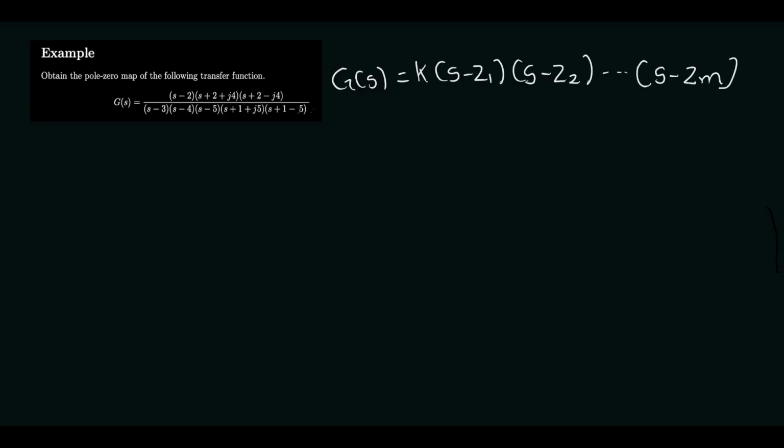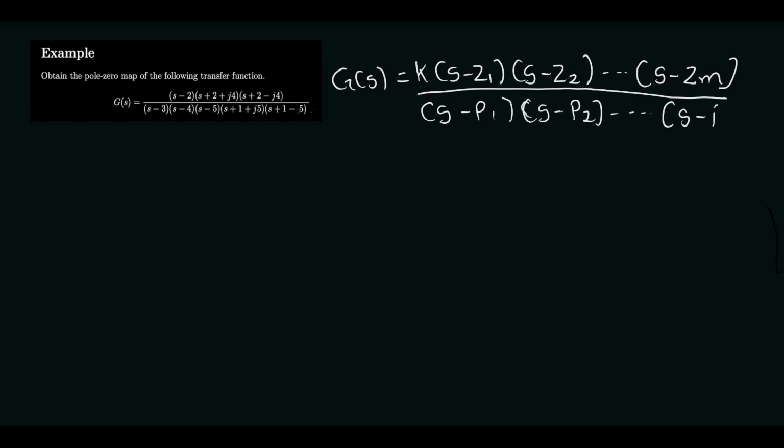So first, we have to know that your general form of your transfer function G of s is equal to K times s minus z1, s minus z2, up to s minus zn, over s minus p1, s minus p2, up to s minus pn.